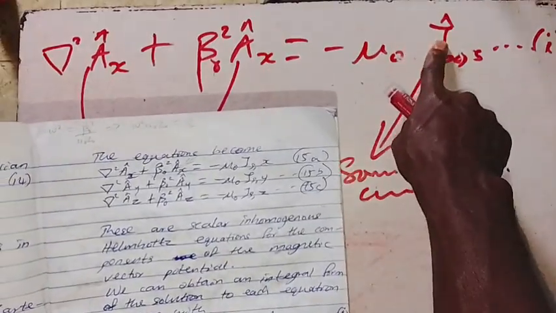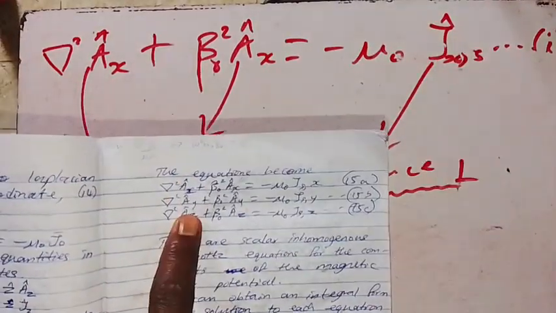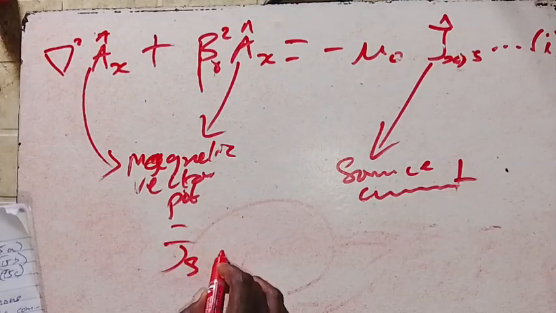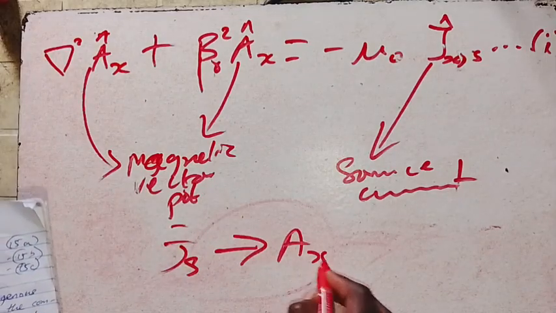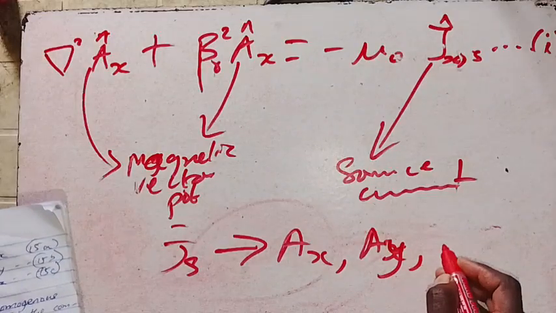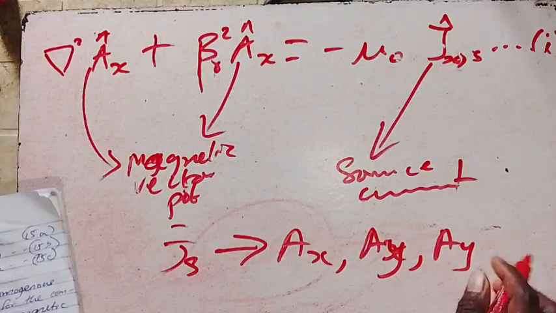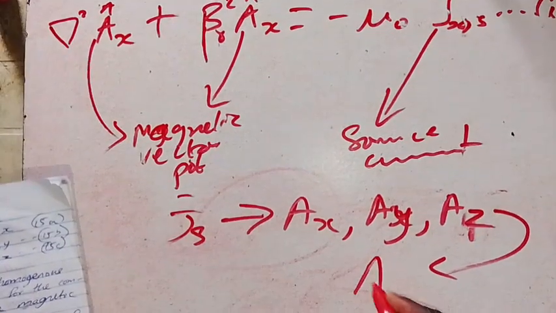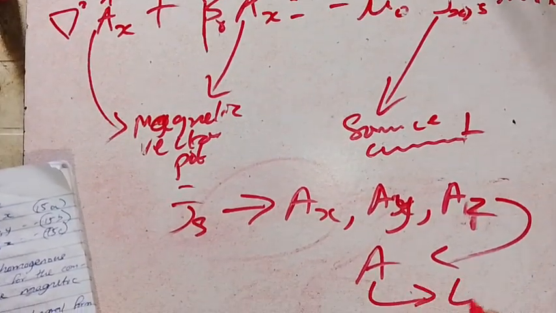If we have the source current, what will happen to this equation? If we know the source current, the next thing is to know this, and then this. Then we can know this, and then we can know this.